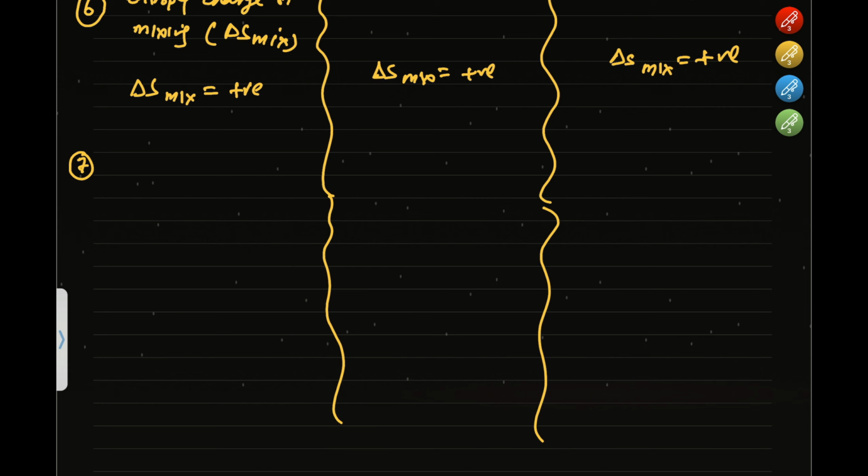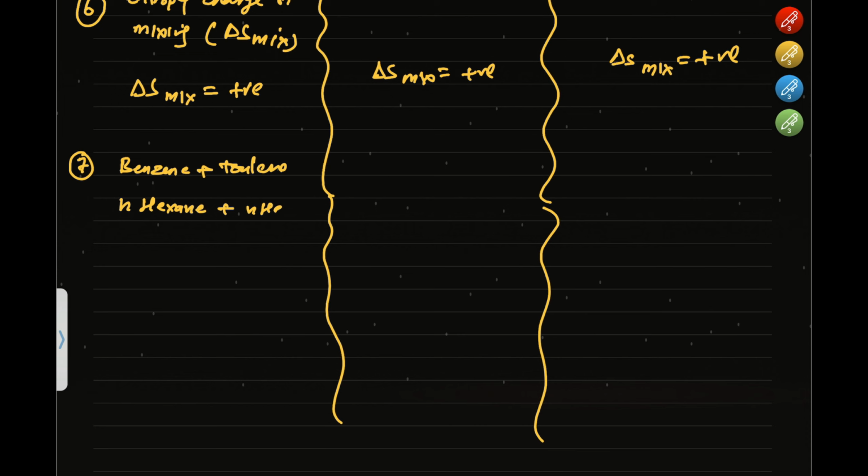Examples for ideal solution: benzene plus toluene. The components of an ideal solution belong to the same family, like benzene and toluene.